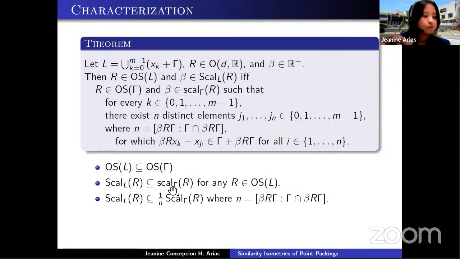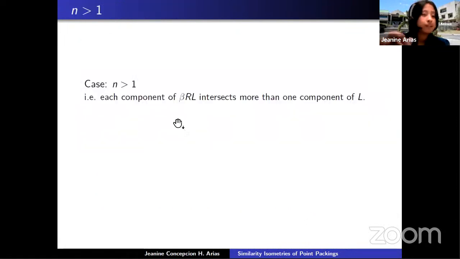And we can improve this subset relation by replacing small scale with 1 over n big scale gamma, where n is the index that we mentioned earlier. Let us dive further into this number n and consider the case when n is greater than 1, meaning each component of beta RL intersects more than one component of L.